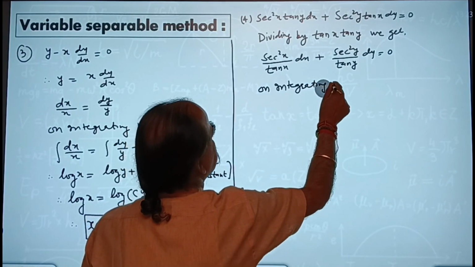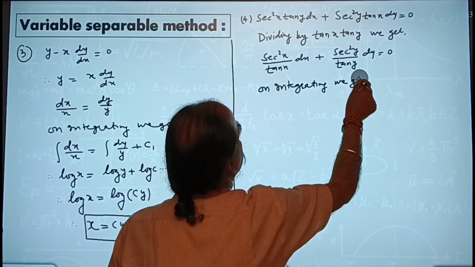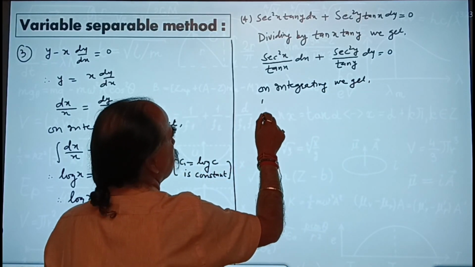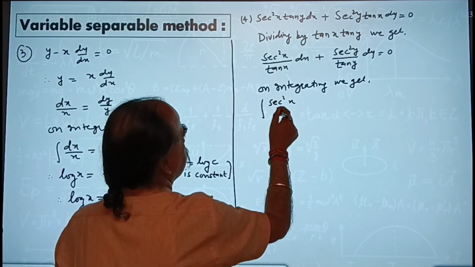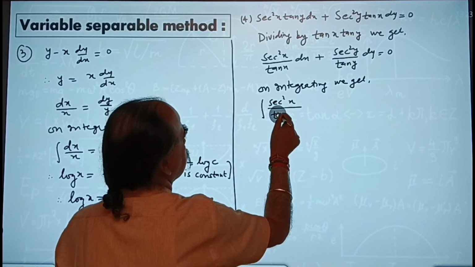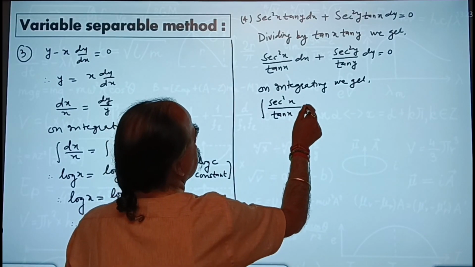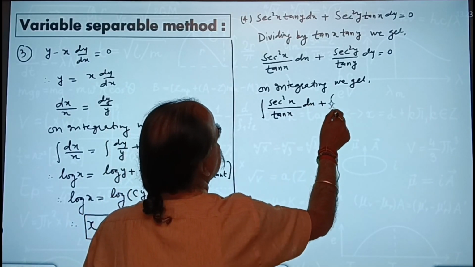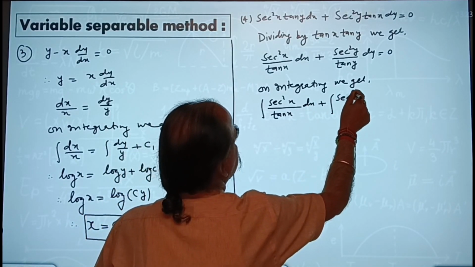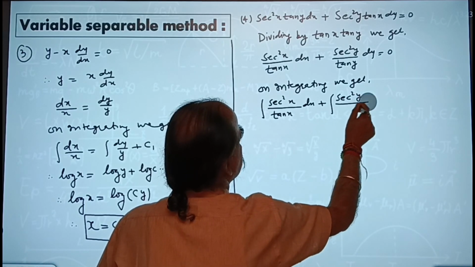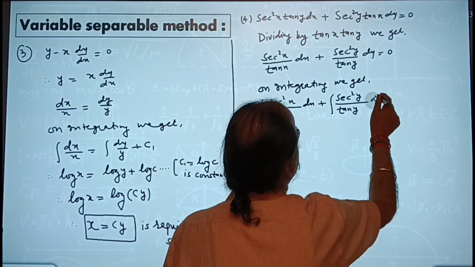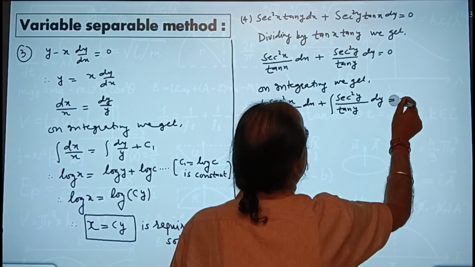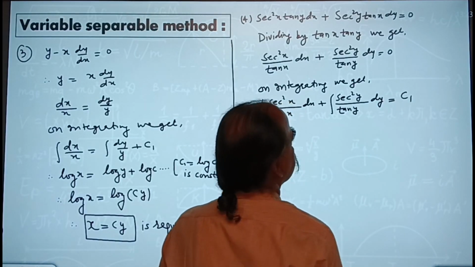On integrating we get integral sec square x upon tan x dx plus integral sec square y upon tan y dy is equal to c1.